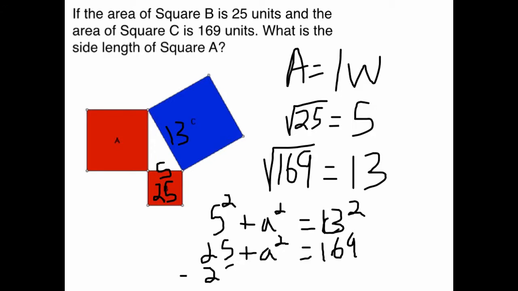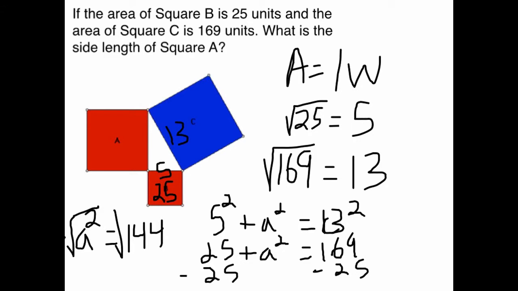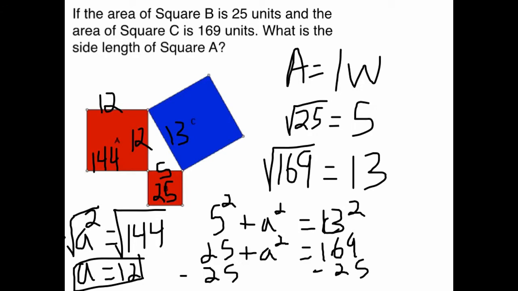Now, if I subtract 25 from both sides, remember this is normal algebra, I get a squared equals 144. And remember, my last step is to take the square root of both sides. So a is equal to 12. So the side length of square A is 12. And the area would be 144, because if one side length is 12, the other side is 12, and 12 times 12 is 144.